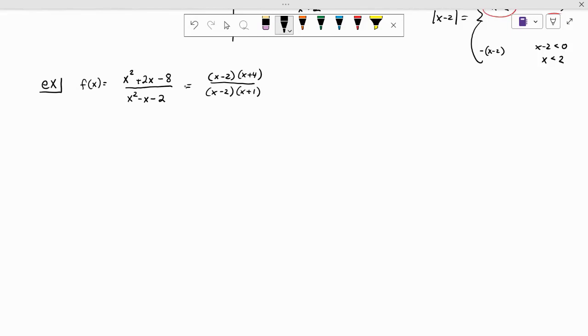Yeah, okay. So again, we're just going to look at the limit here. Does the limit as x approaches 2 exist?